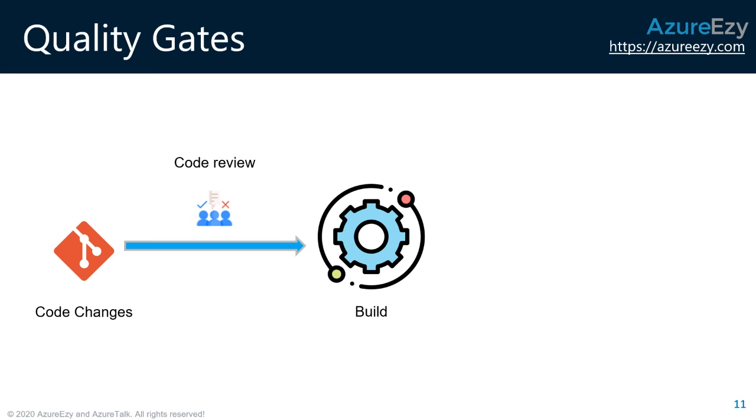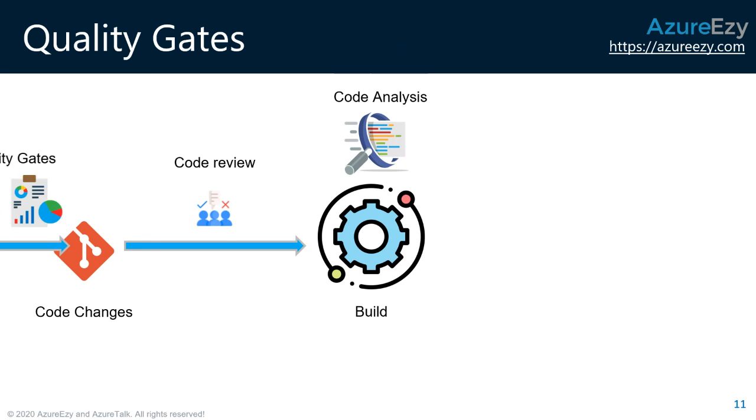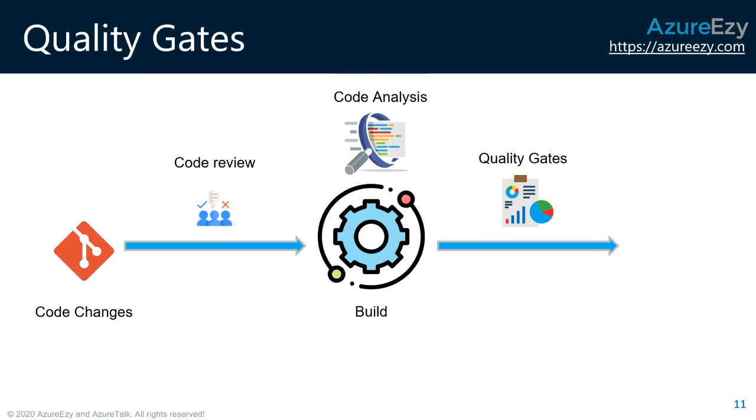Now in the build pipeline itself, one of the things we discussed that you do is code analysis. Based on that analysis, you get reporting: these tests are passing, these tests are failing, these are the package dependencies, the open source package dependencies, the internal package dependencies, all of these.